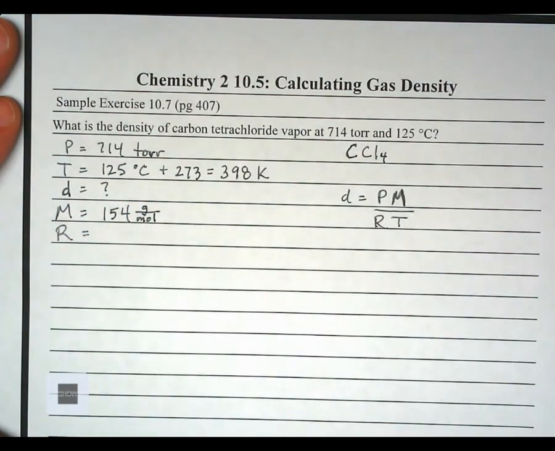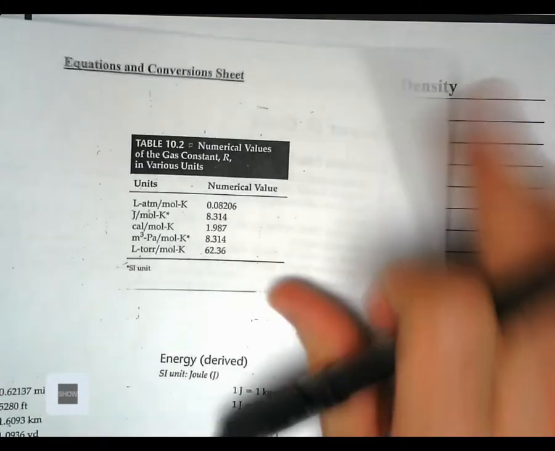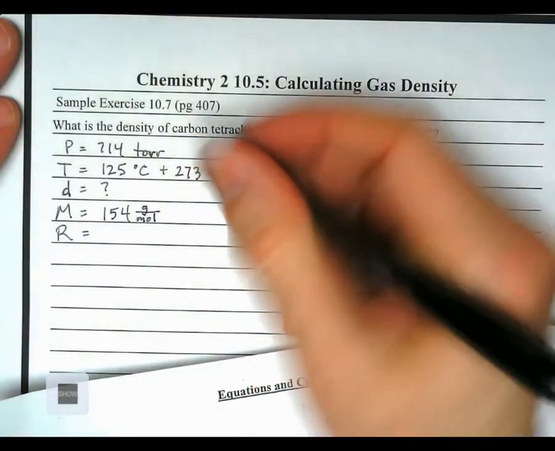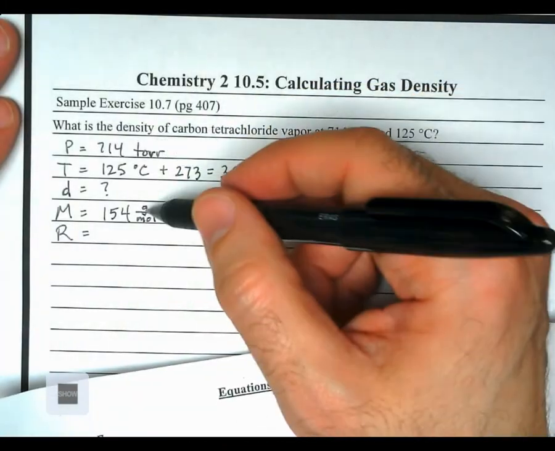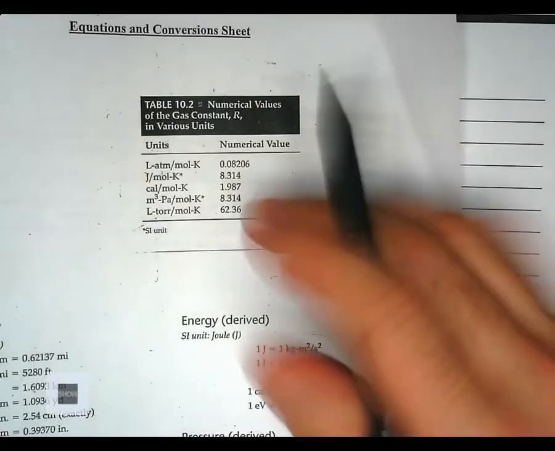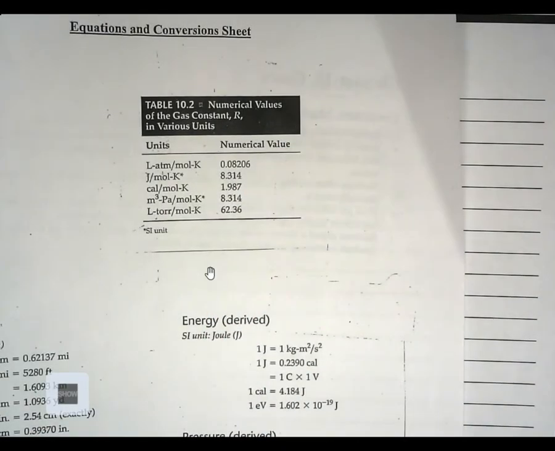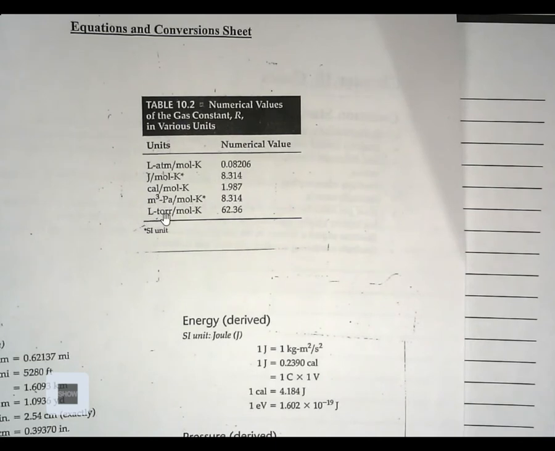So if we look at our chart, the R factors. If we look at what we've got for our labels, we have torr, Kelvin, grams and moles. So probably the best one is the bottom one, because it's got torrs in it. They've all got Kelvins, but it's got torrs.